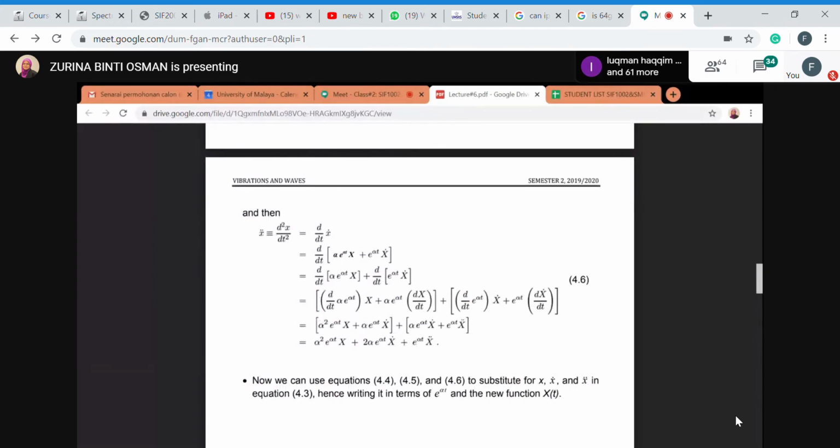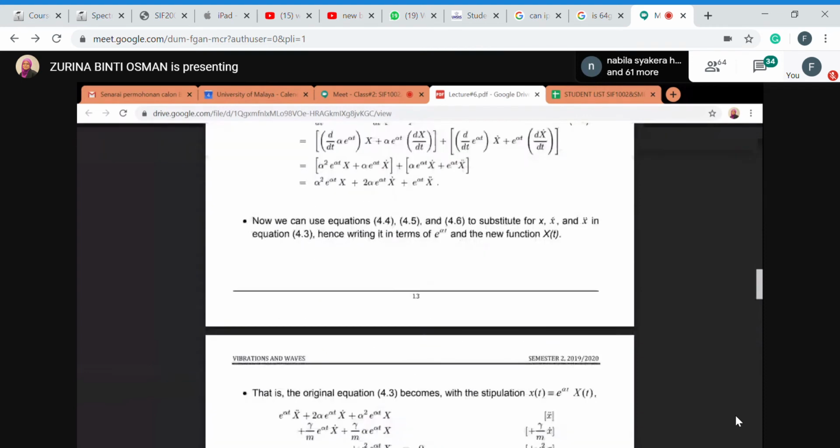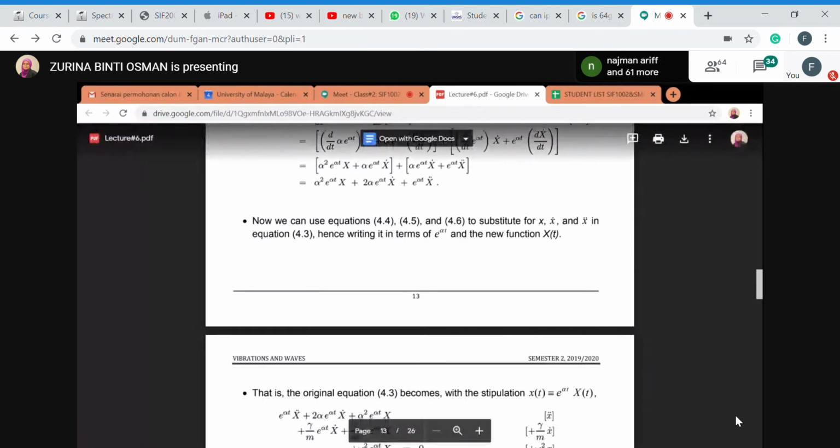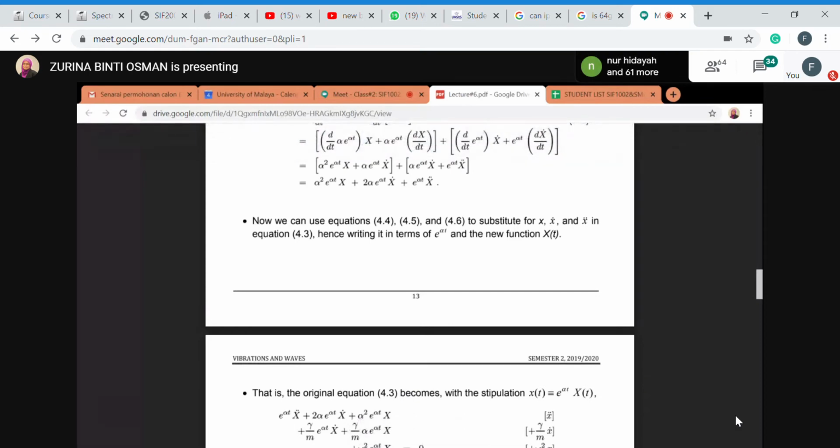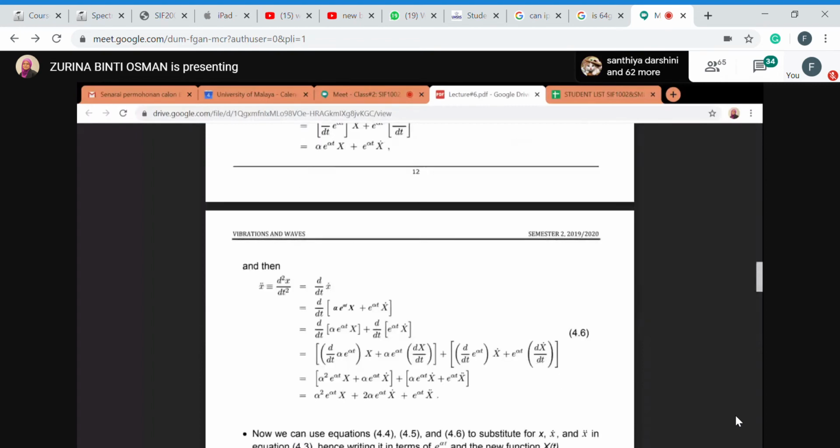Okay, so now we can use equations 4.4, 4.5 and 4.6 to substitute for x dot and x double dot in equation 4.3, hence writing it in terms of the exponential and the new function of capital X. So refer back.